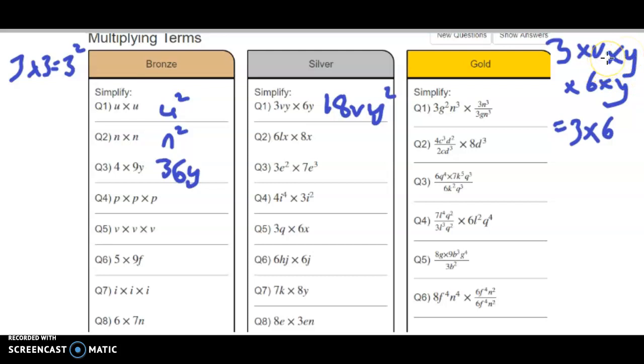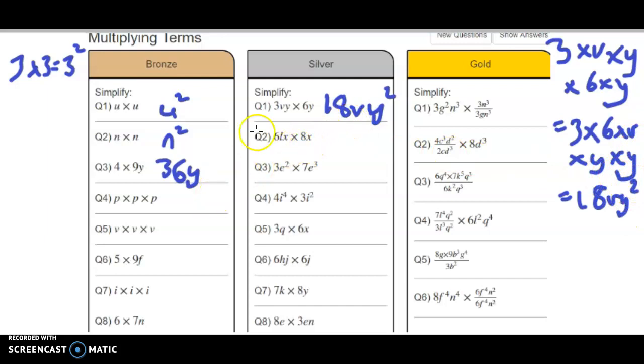If you go 2 times 5 times 3, that's 30. 3 times 5 times 2, that's 30. 5 times 2 times 3, that's 30. It doesn't matter, the order is irrelevant. So in the same sense, we could reorganize this 3vy times 6y into 3 times 6 times v times y, which would become 18v and then y squared.